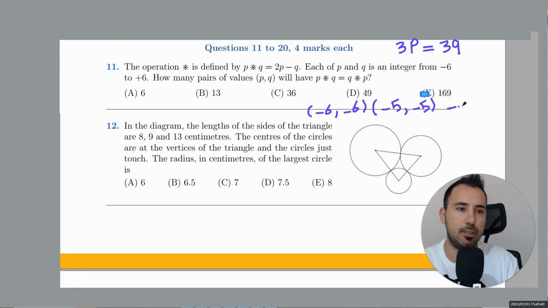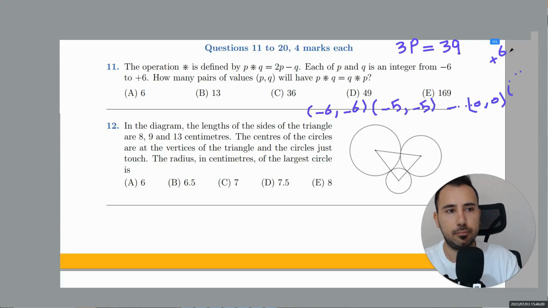You will continue this, 0 and 0, and then +1, and the last one will be +6 and +6. Well, they have to be equal, right? So 6 here, 0 and 0, another 6 here, a total of 13.